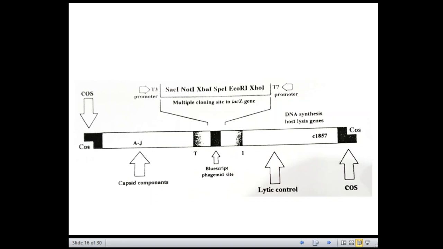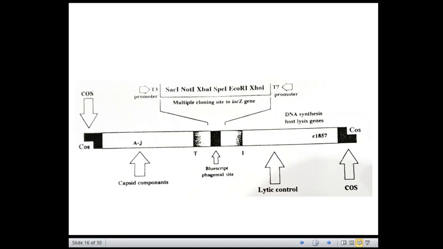And it is also possible to express foreign cloned DNA from this vector. So you can also use this vector to express. It is not only transformation, it is also about expression of foreign cloned DNA using this lambda ZAP cloning vector.